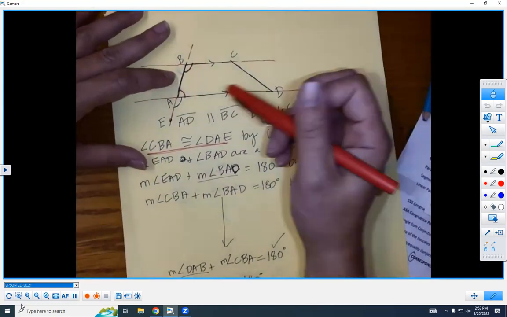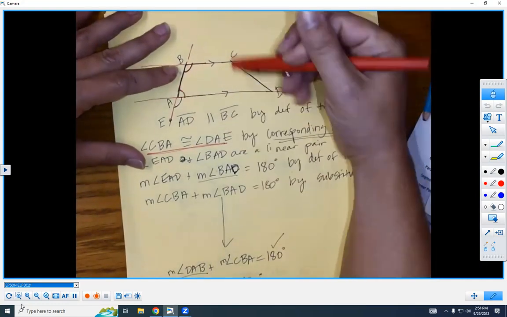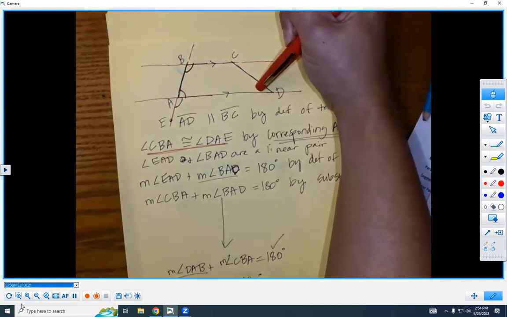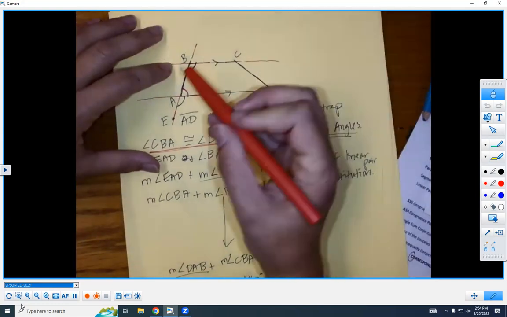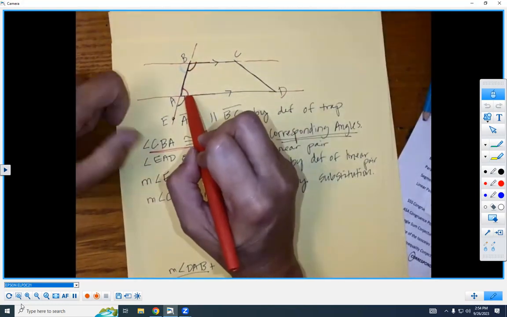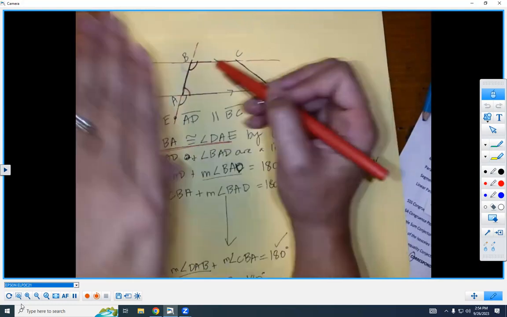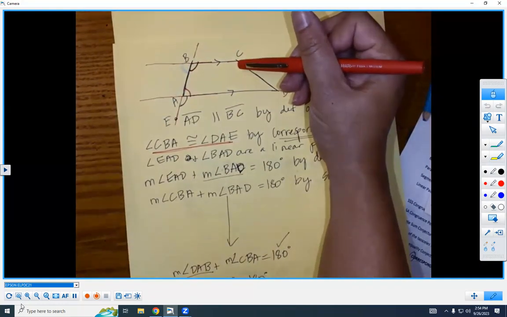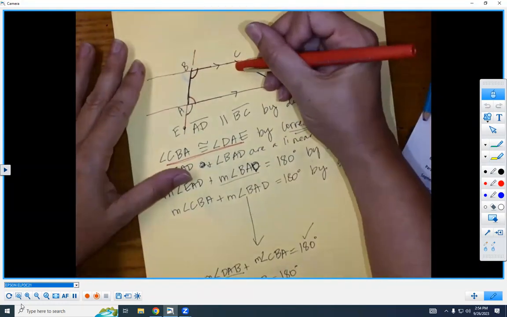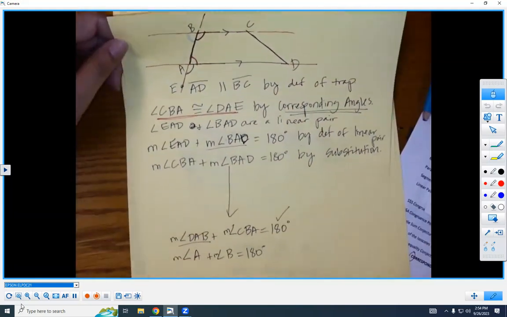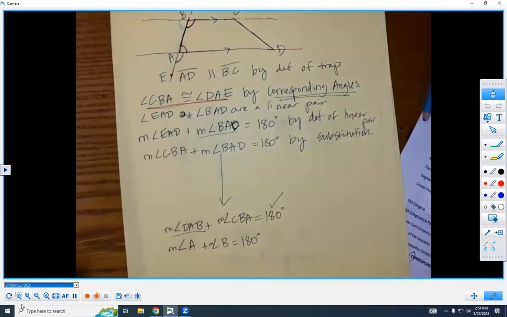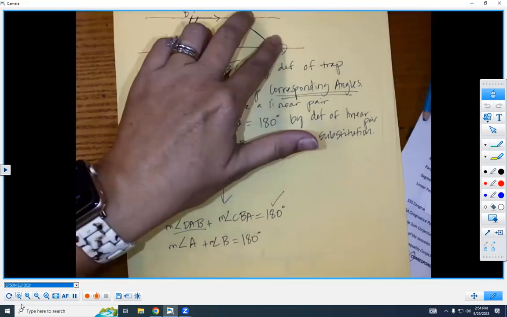So we just proved that these two had to be 180, these two had to be 180 forever, no matter what. Agreed? So if this one's a 90, that one also has to be 90. I thought you were asking if there are two pairs. No, one pair. If this one's 90, that one also has to be 90. So technically that right trapezoid has two right angles. They just have to be placed here or here.